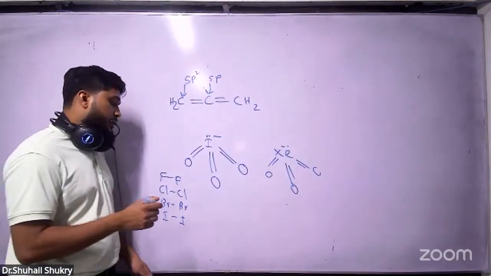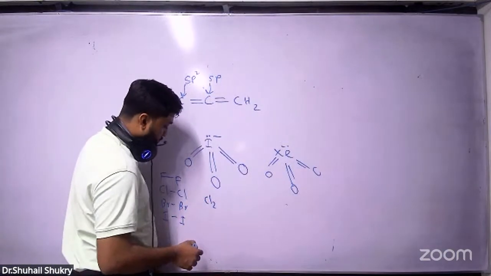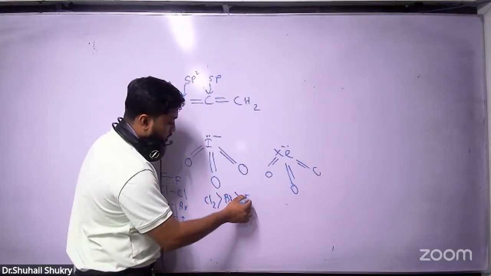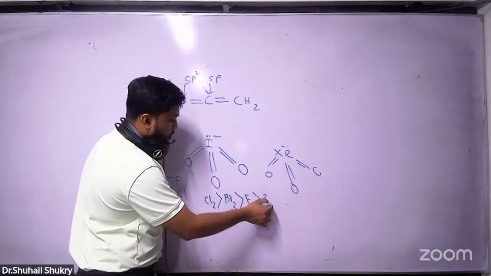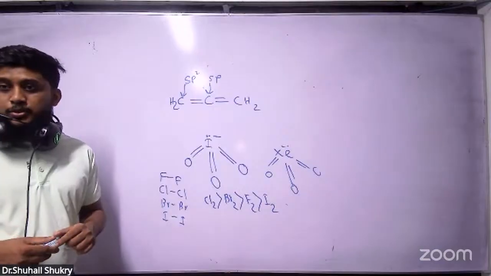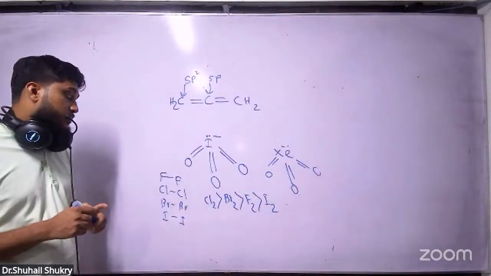In bond energy, Cl2 is more than bromine. Bromine is more than fluorine. Fluorine is more than iodine. Fluorine comes to third place. I have told you this nearly 3-4 times in 26 classes.